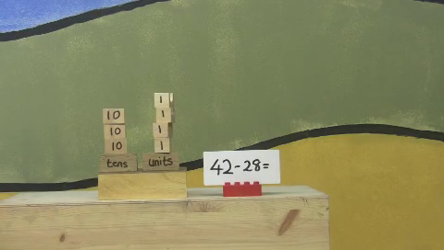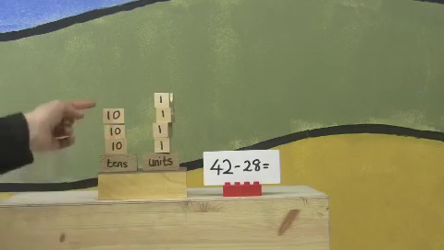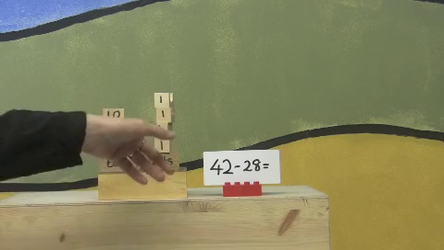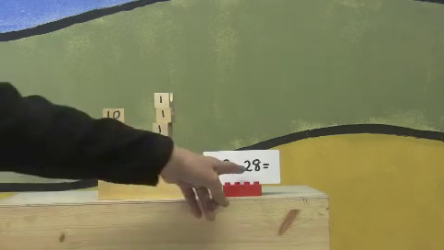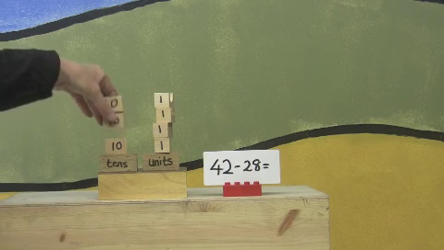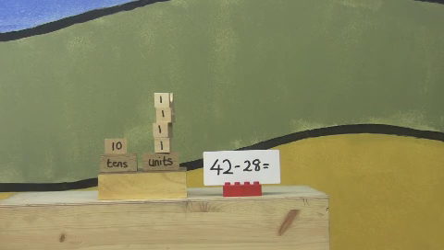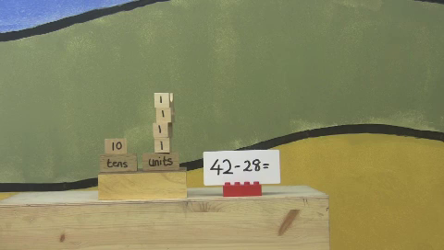Moving to the tens. I did have 4 tens, but I used 1, so now I've got 3. 3 take away 2 is 1. 1 ten and 4 units, 14.